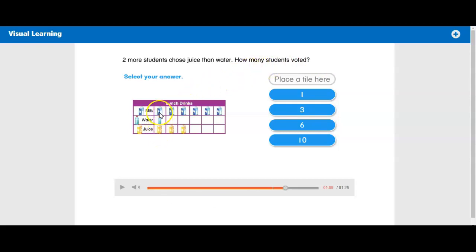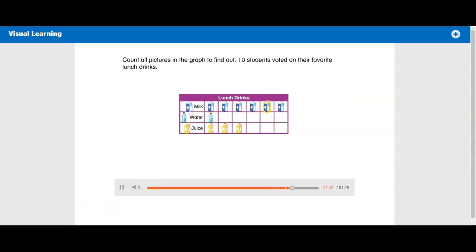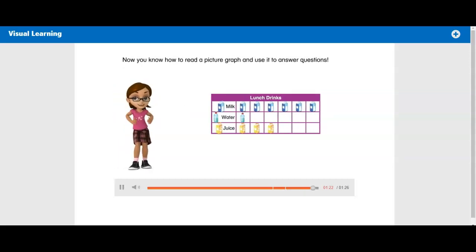Let's see. 1, 2, 3, 4, 5, 6 students voted for milk, so 6 plus 1, that gives us 7, and 7 plus 3 would give us 10, so 10 students voted total. Count all pictures in the graph to find out. 10 students voted on their favorite lunch drinks. Now you know how to read a picture graph and use it to answer questions.